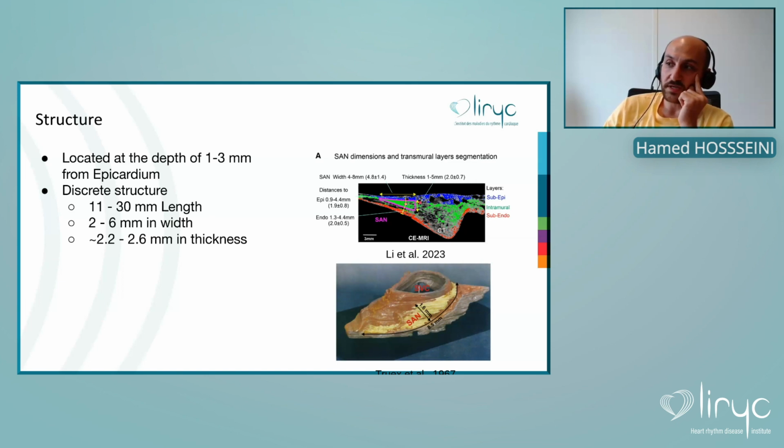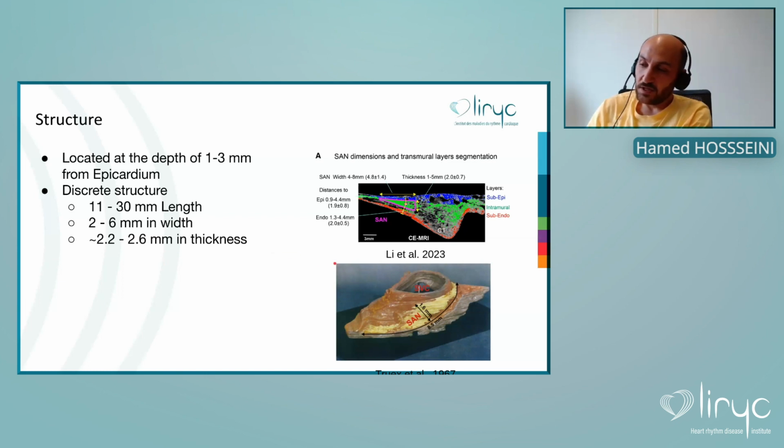The parts nearer to the crista terminalis are a bit bigger, and the other side is smaller. Normally in the human heart, it's almost 11 to 30 millimeters in length, and it can be about a quarter or a third of the right atrium. The width is 2 to 6 millimeters, and the thickness is almost 2.5 millimeters.